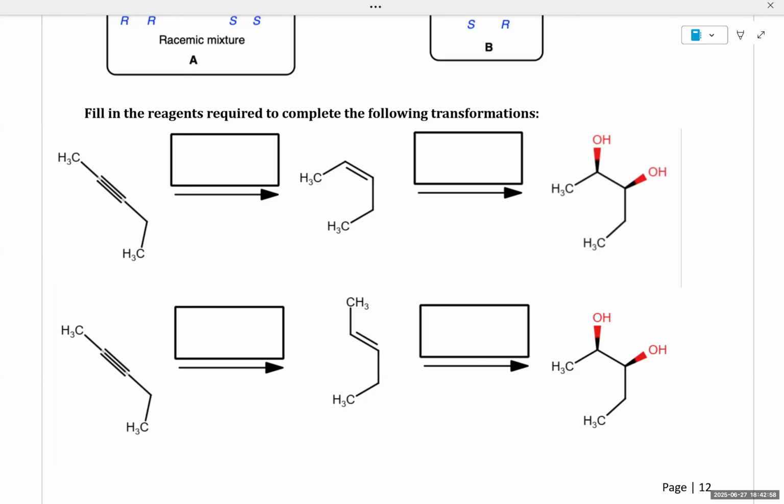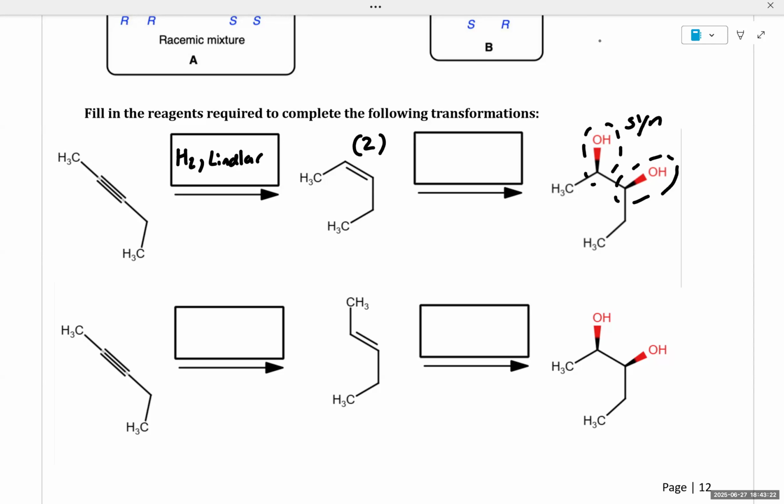Okay, so I'm taking an alkyne, and I want to make a Z alkene. This is done via hydrogenation with hydrogen and Lindlar's catalyst. From here, I want to install a diol with syn selectivity.